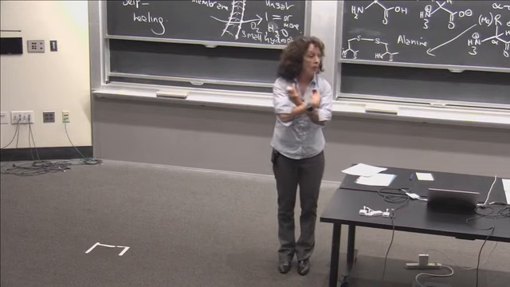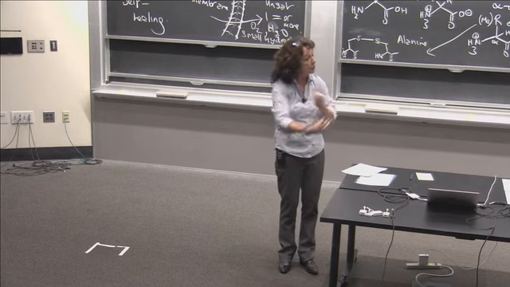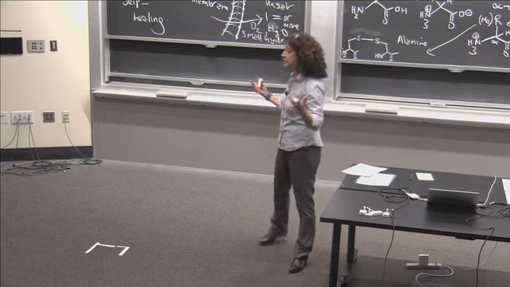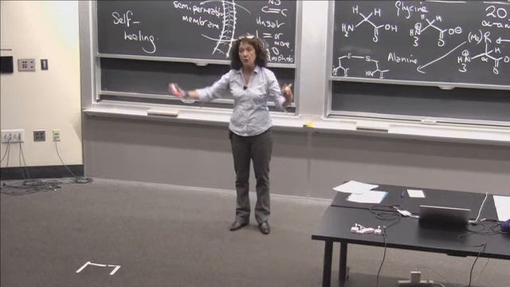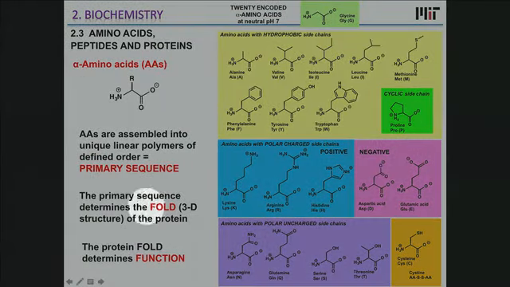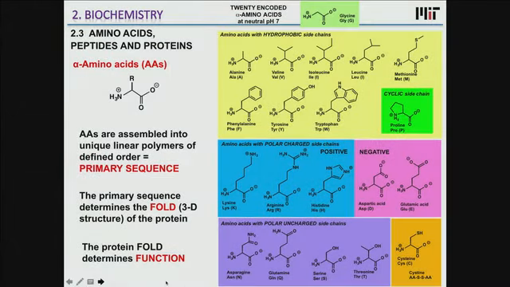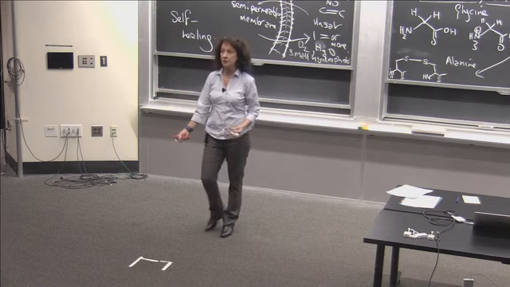It's a cryptic code. We may not be able to tell by looking at it what it really looks like, but all the information is there in order to program the folding into a globular structure. So the primary sequence determines the fold, and it's the fold of the protein that mandates its function. It's not the sequence of the protein. The sequence defines the fold. The fold, the three-dimensional form, defines the function, okay?